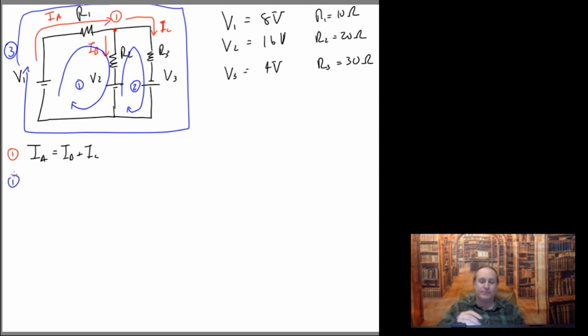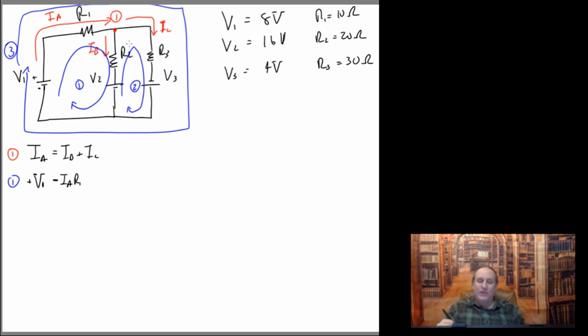So loop 1, I'm going to go a little faster at it this time. We're going across our battery, so we have a voltage V1, and it's a plus because we're going from the small side, the negative side, to the positive side. We're going uphill as we go across that battery. Then we get to R1, and we're going with the current, so we have a minus sign, minus IA R1.